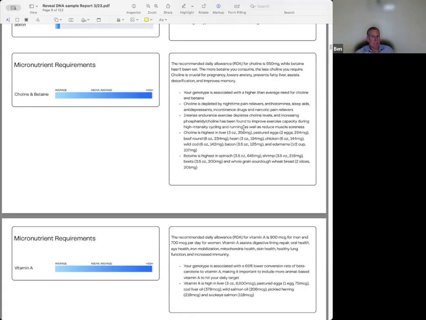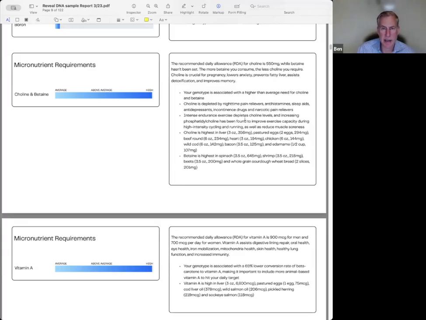Are you just telling me that cycling and running are the high intensity exercises that deplete phosphatidylcholine and choline use? No, I'm not saying that. What they're saying is they had clinical trials, actually studies that are drawn into the report, that talked about people cycling and running and measuring their choline levels, phosphatidylcholine levels, and they were depleted.